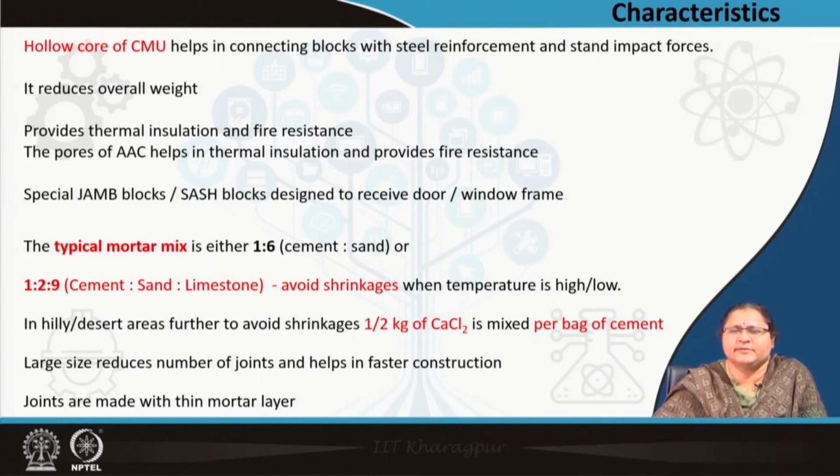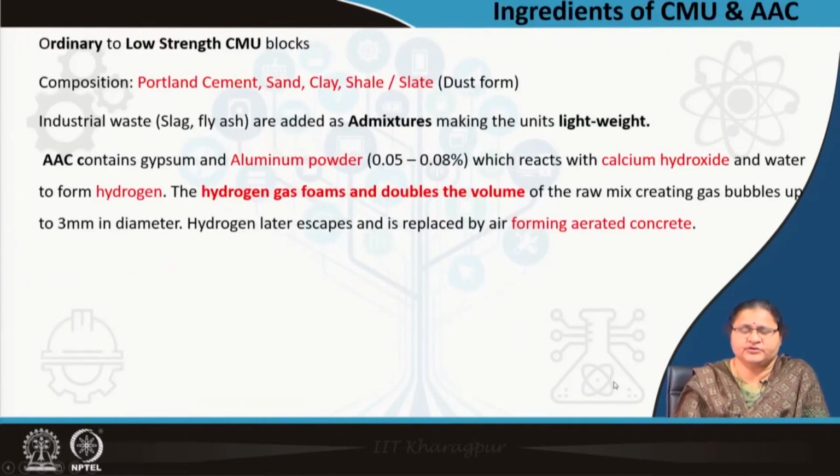So, these are some typical mortar mixes to be used, and as the number of units is less, the joints are much less in number and they are thin too.